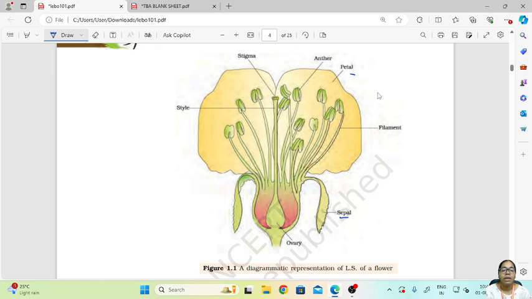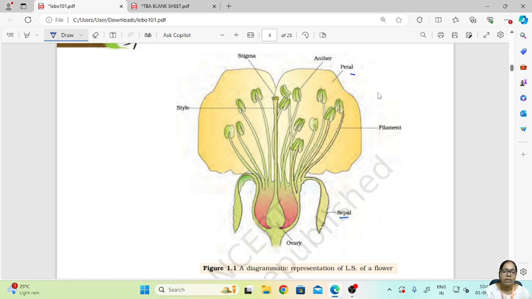Then comes your male part. The male part consists of the anther and the filament. These are the male parts of the flower. The anther will consist of the pollen grains, and the anther is attached to the base of the flower through an attachment called the filament.